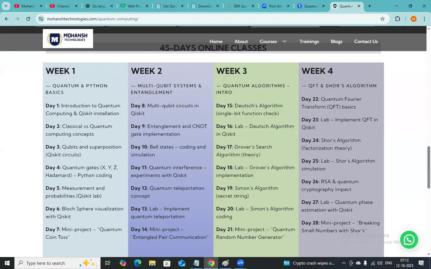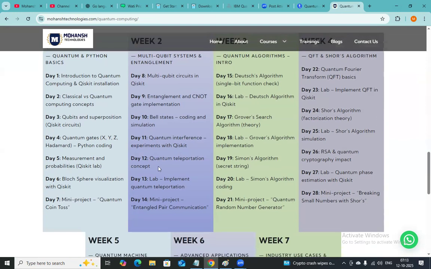Week two: multi-qubit systems and entanglement, multi-qubit circuits in Qiskit, entanglement and CNOT gate implementation, Bell states coding and simulation, quantum interference experiments with Qiskit, quantum interpolation concepts, lab implementation, and a mini project also.